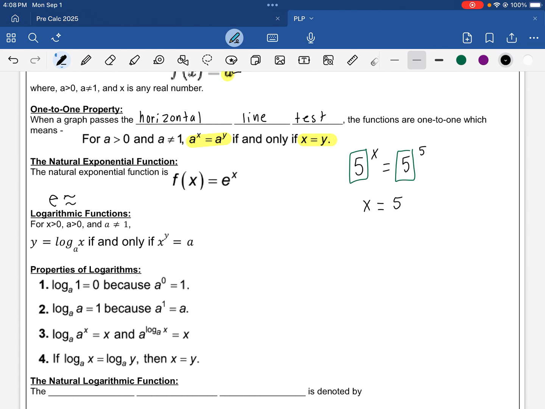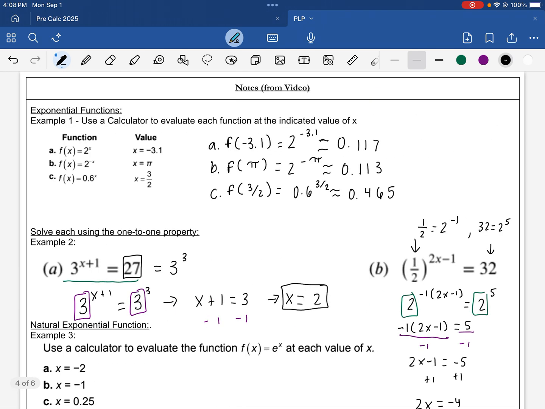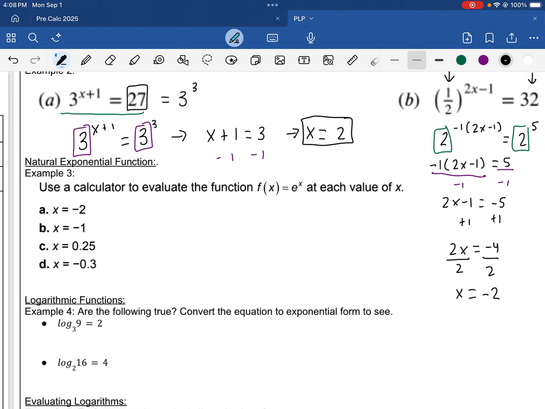It's usually connected to an ln, which we'll talk about in a little bit. e is about 2.718. So it's kind of like pi. It's the same idea, just assigned to a number. Whenever we talk about the natural exponential function, we are talking about f of x is equal to e to the x power.